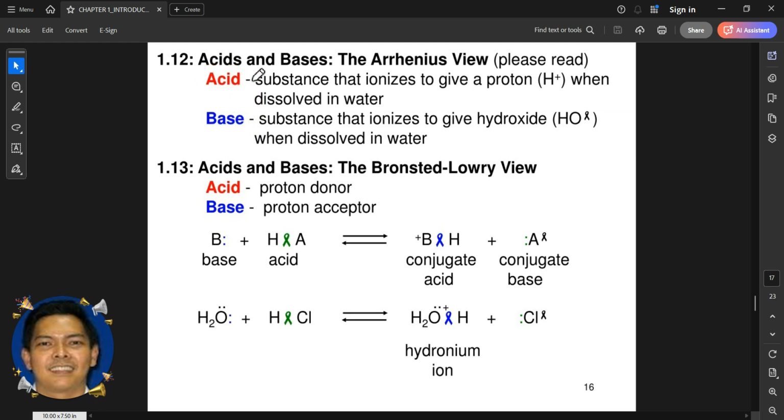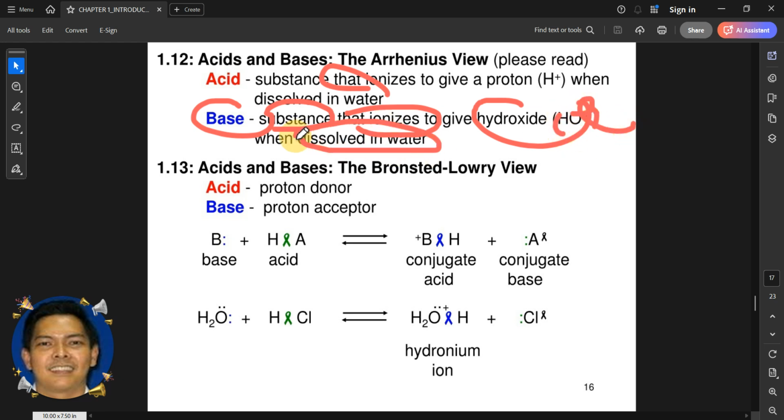In the Arrhenius view, an acid is a substance that ionizes to give a proton, H plus, carrying a positive charge when dissolved in water, whereas a base is a substance that ionizes to give hydroxide, OH minus, carrying a negative charge when dissolved in water.